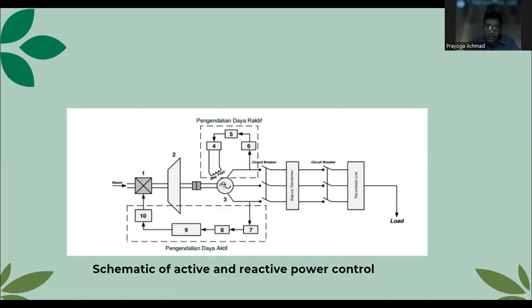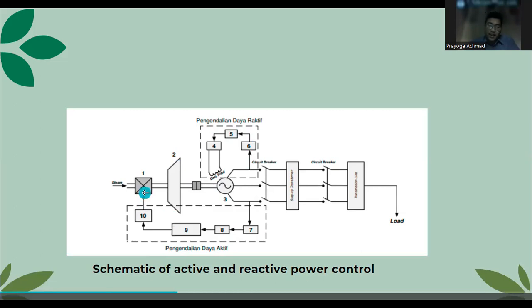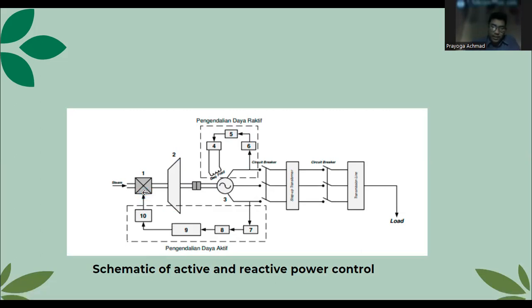Number five is the regulator, AVR. Number six is the voltage sensor. Number seven is the frequency sensor. Number eight is the load frequency control, or LFC. Number nine is the governor, and the last is the valve control mechanism.